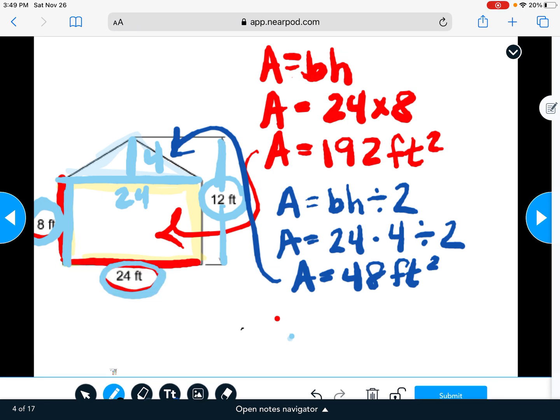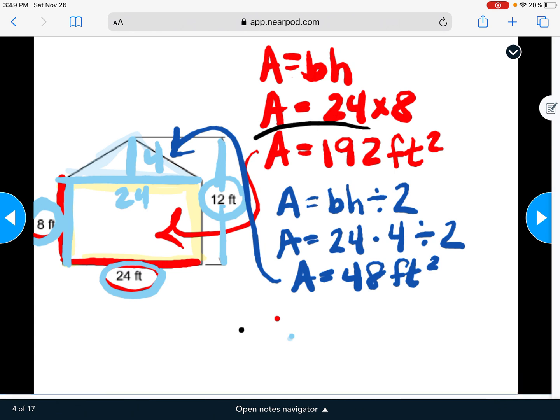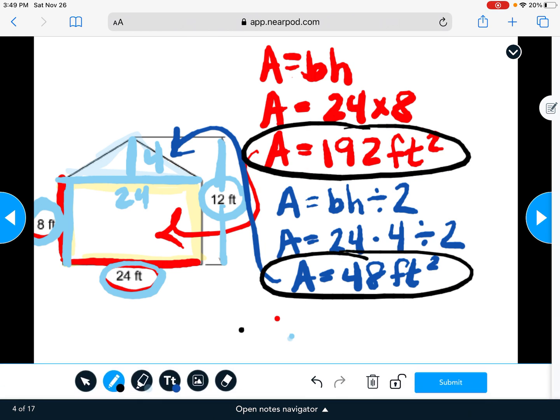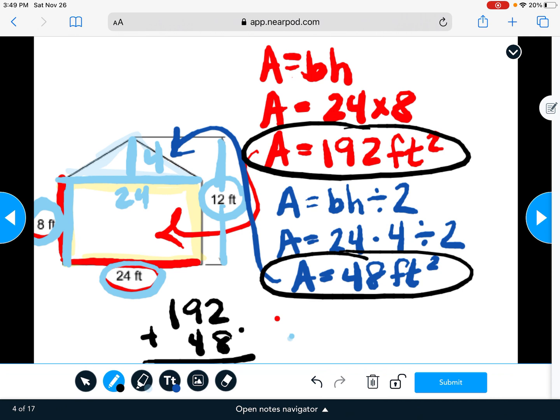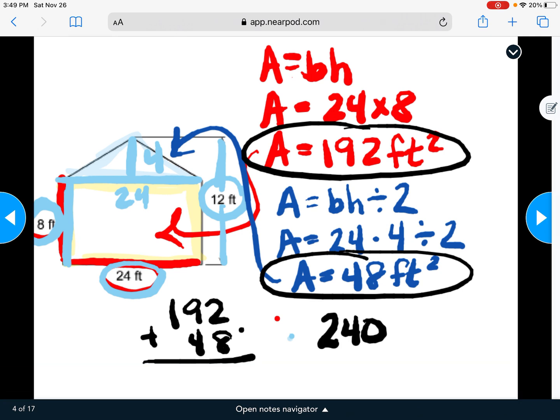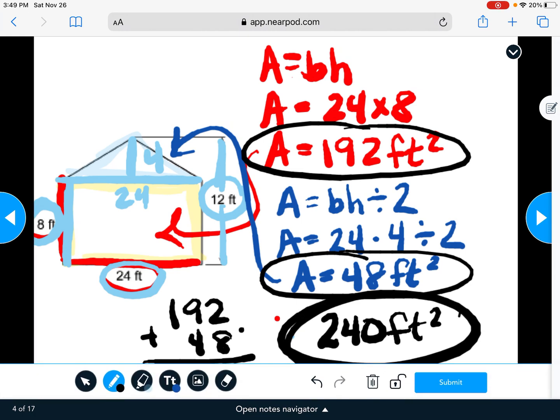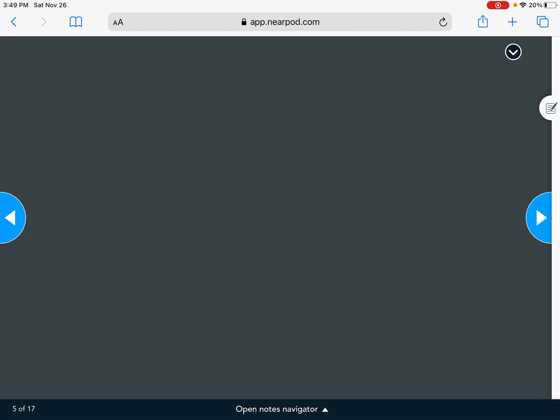So to get the entire thing, I need to add together the rectangle and the triangle. So I'm going to add together 192 and the 48 to get a total area of 240 square feet. Okay, so remember to break it into pieces, figure out which measurements you need, be careful with that. Find the area of each, add them together for your total.